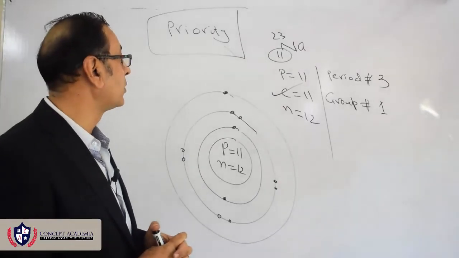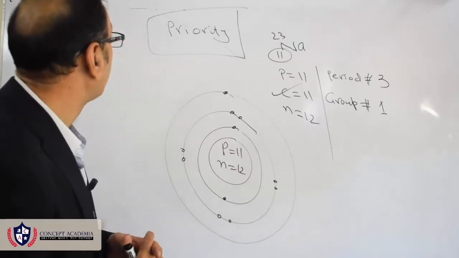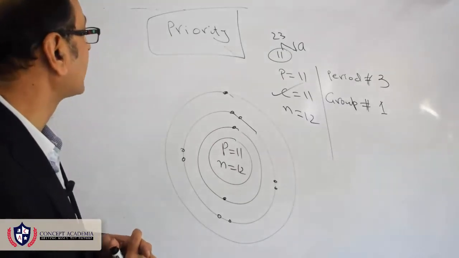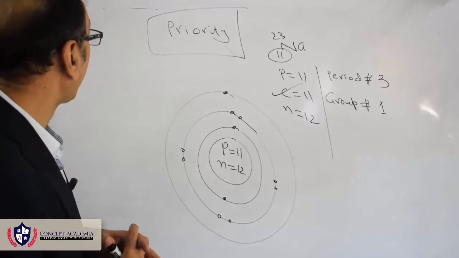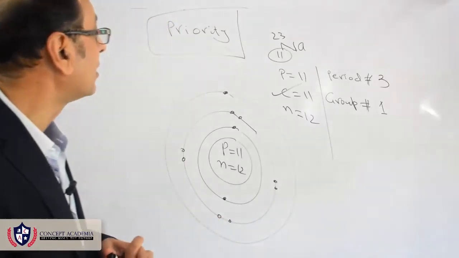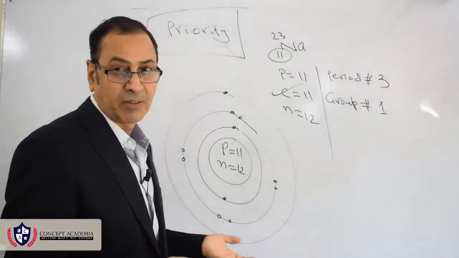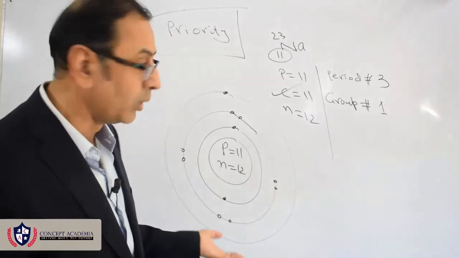So I would like to repeat that when you have to draw the electronic configuration, priority number 1 must be given to the period number, priority number 2 should be given to the group number, and the last priority is given to the 2n square rule.